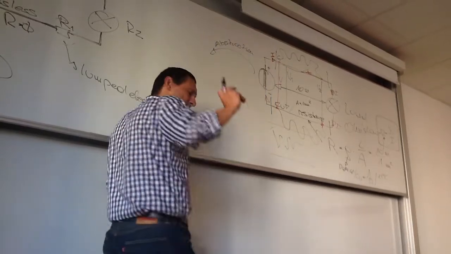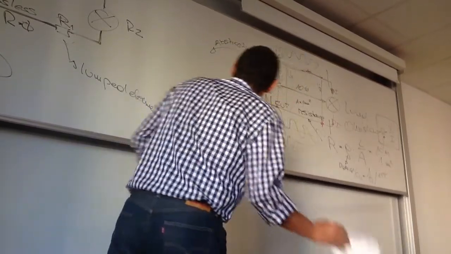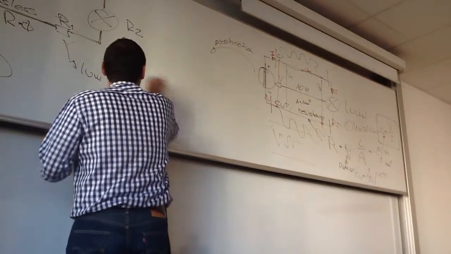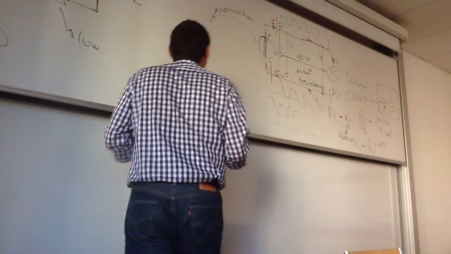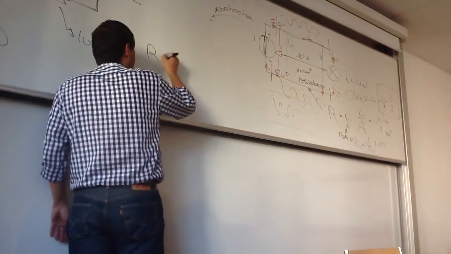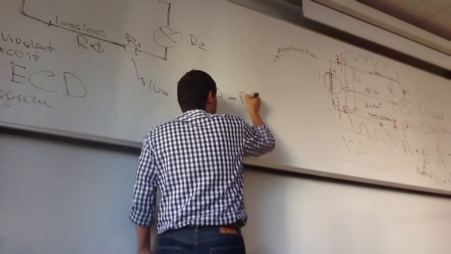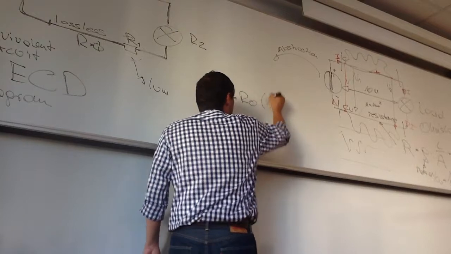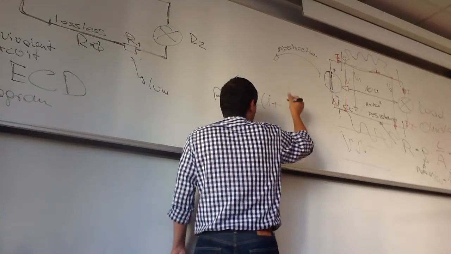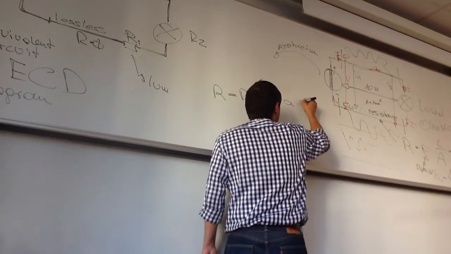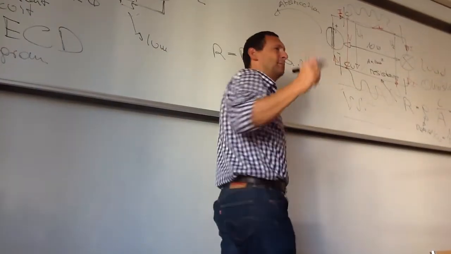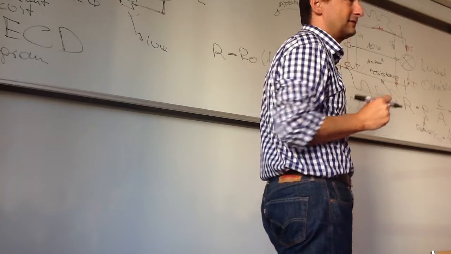If you are also including the temperature response, then you have to calculate the resistance is equal to R0 times 1 plus, let's say, alpha times theta, and theta is the temperature in degrees Celsius.